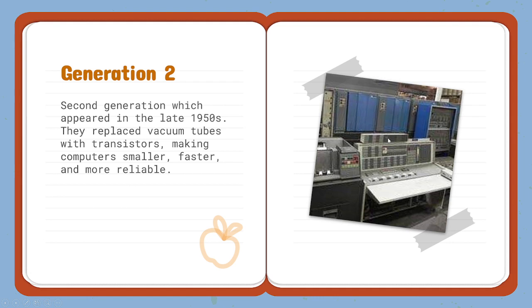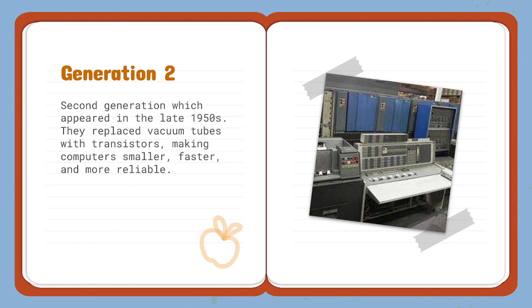Just for a recap, the technology utilized transistors instead of vacuum tubes. Size: smaller, more compact than the first generation. Reliability: more reliable than the vacuum tube computer.